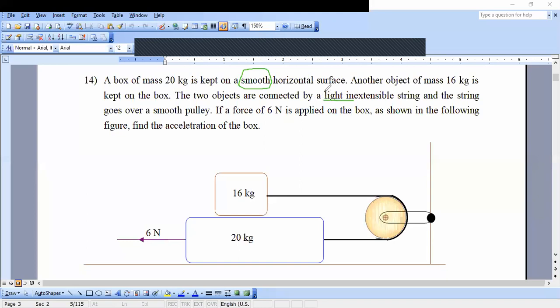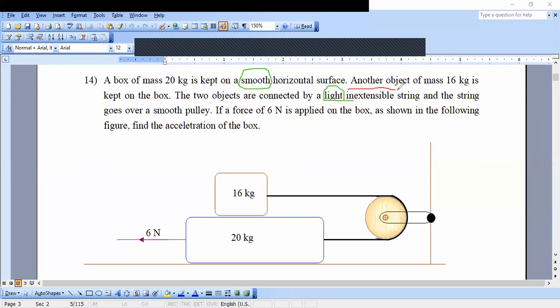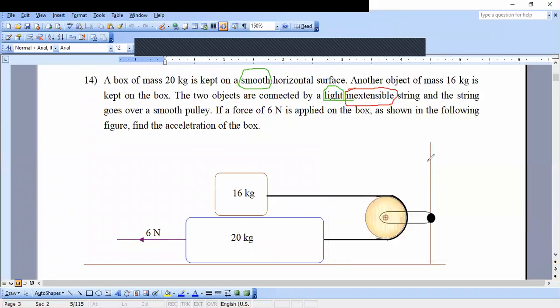Light, what does it mean, dear? No mass. Light means no mass. Inextensible means? Unstretchable. You cannot increase the length by applying forces. Right.